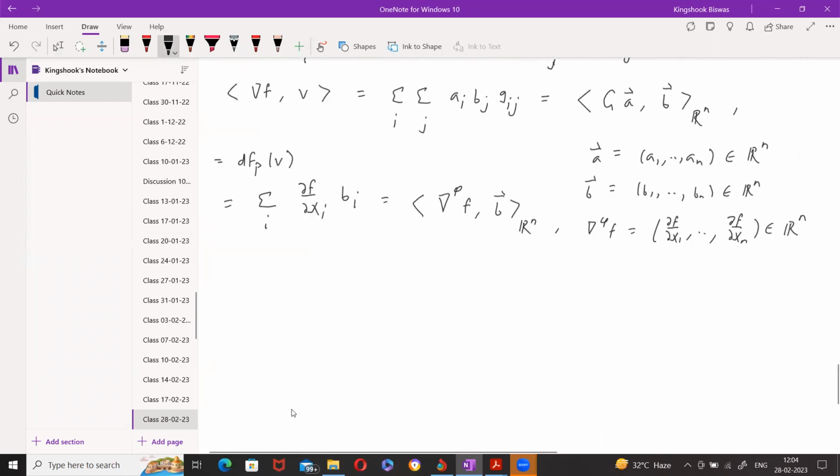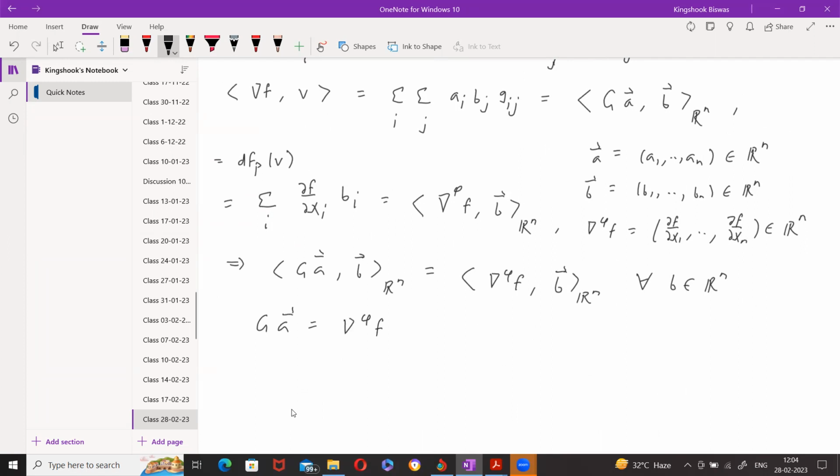So what do we get? We get that G A inner product B in Rn is equal to the inner product of grad phi f with B in Rn. This is true for all B in Rn. Therefore, that implies that G times A is equal to the Euclidean gradient, grad phi f.